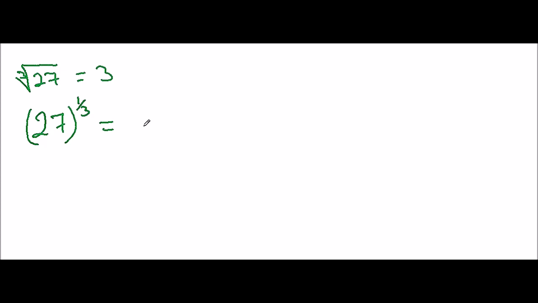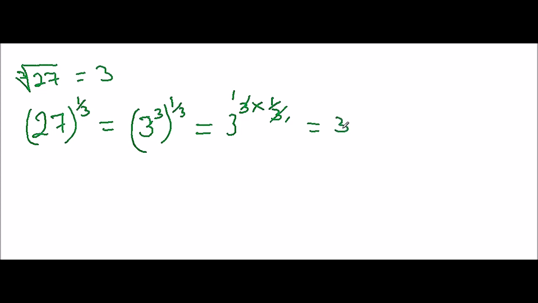So 27 is the same as 3 to the power 3, then into bracket a third. We apply the third law of indices, so we write 3, open the bracket, 3 multiplied by a third. So 3 divided by 3, we get 1. So this is equal to 3. So indices help us to prove the cubes of numbers.